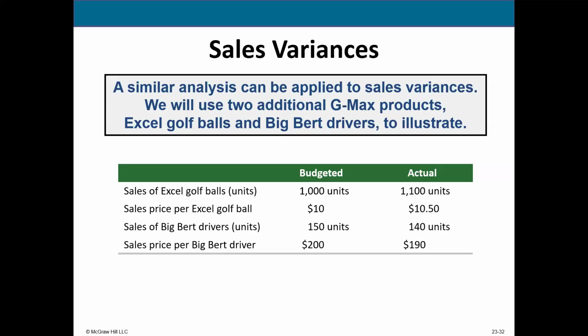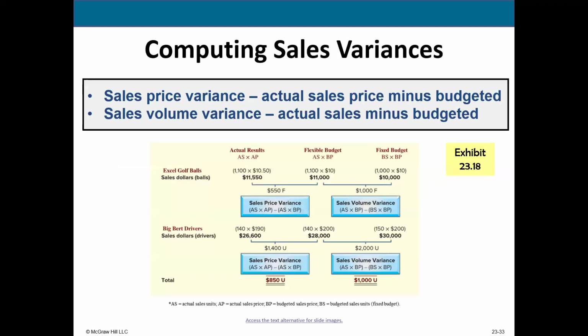We sold fewer golf clubs, about 10 fewer than we had planned, and we sold them at $10 less than we had planned as well. So, based off of those variances, we can compute the sales price variance and sales volume variance for each different type of unit that we sell.